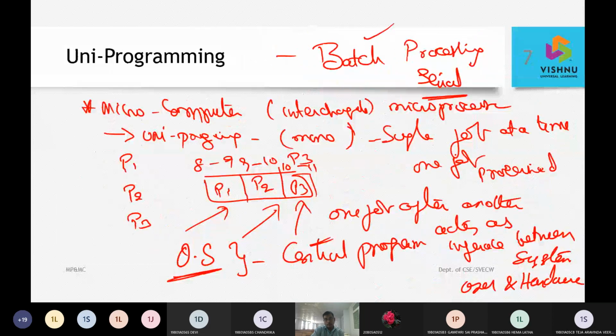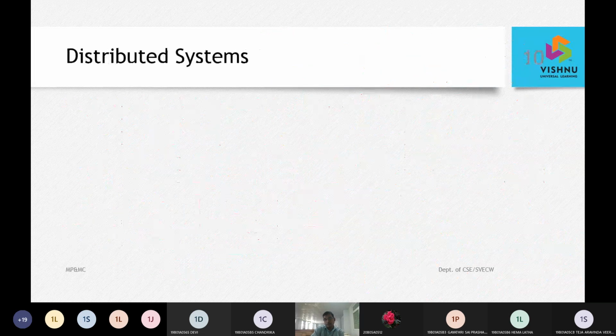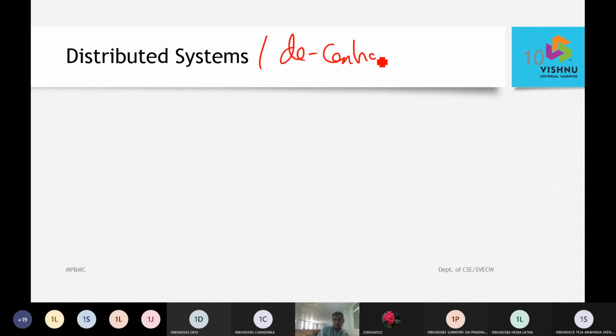So up to now, what we talked about was the way of presenting the execution of processes: one uni, two multi, three time sharing, and the fourth one is distributed systems, which we also call decentralized systems.